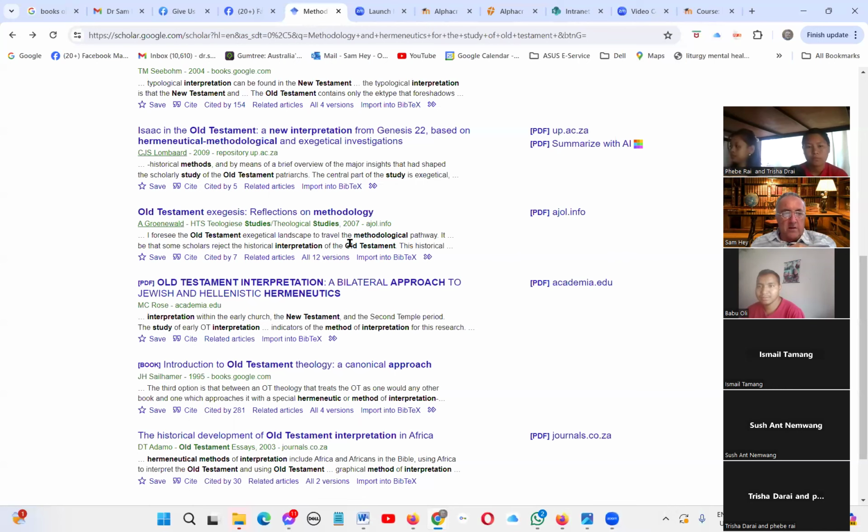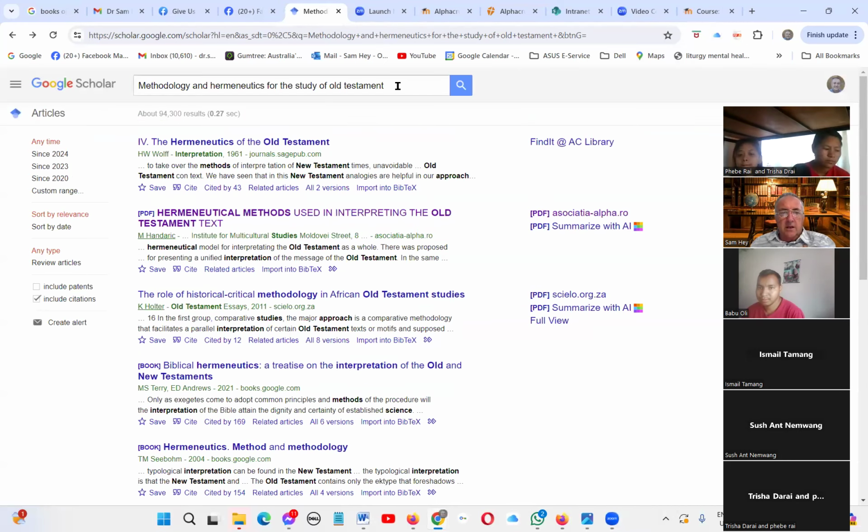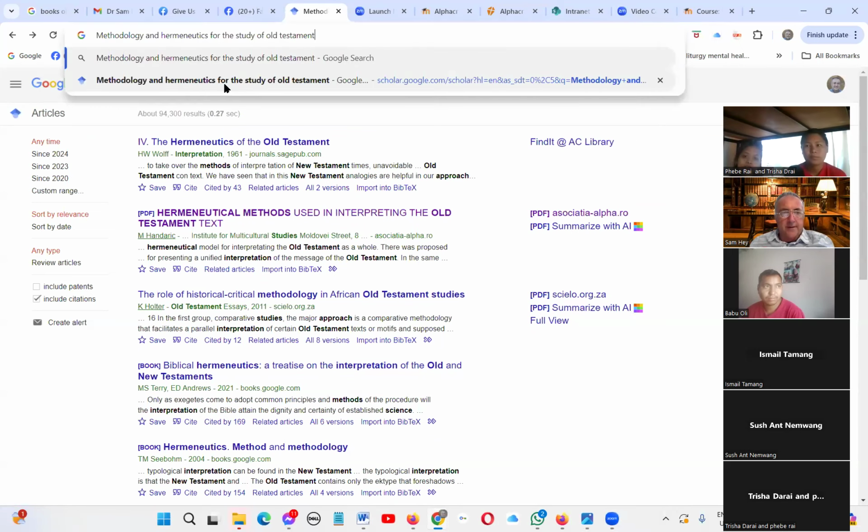So we're looking for methodologies that we would use. You could possibly use Google. The danger is that Google won't be as good as Google Scholar.